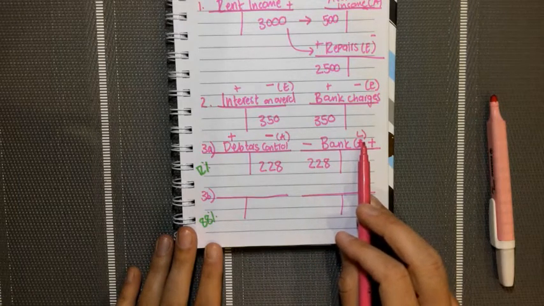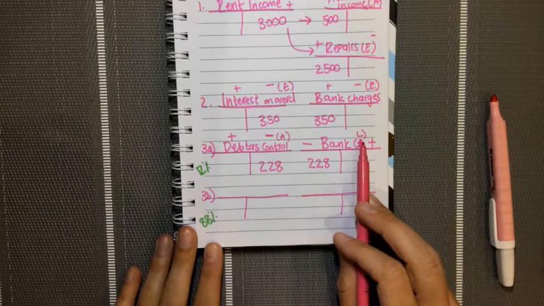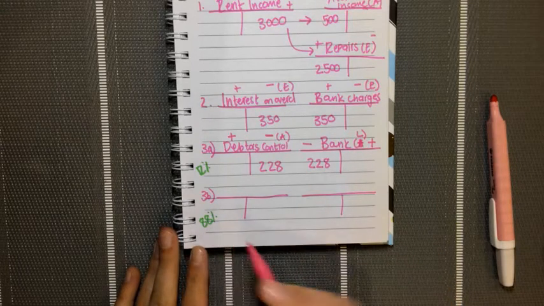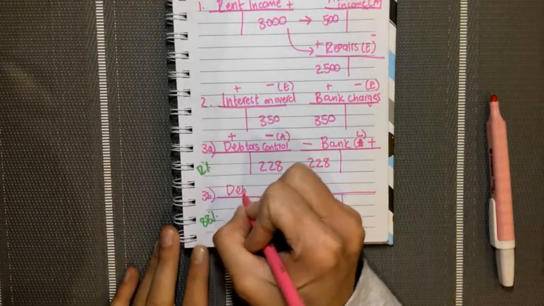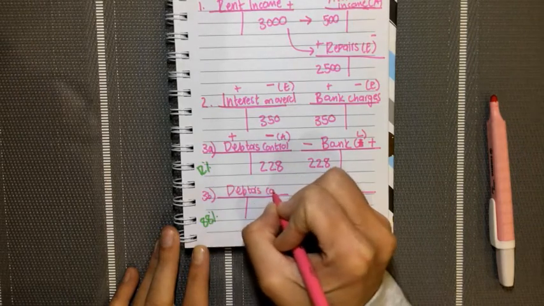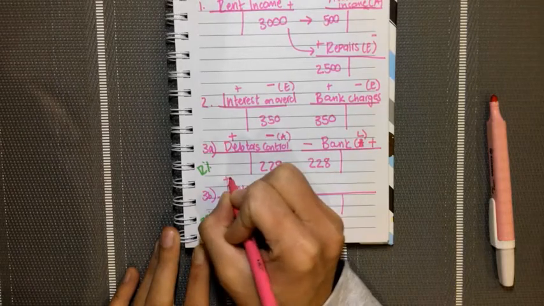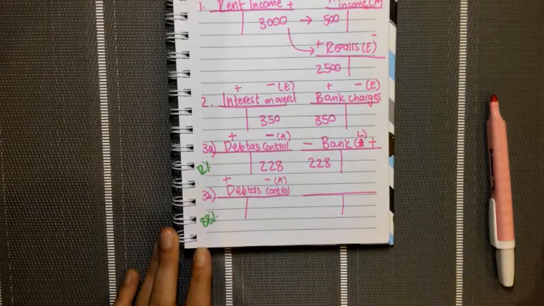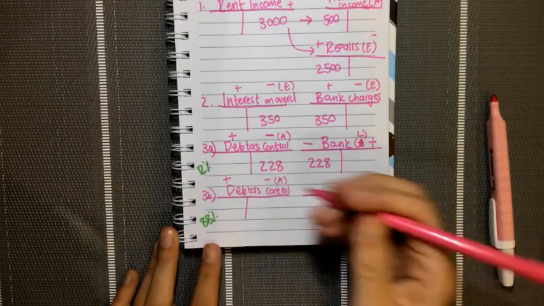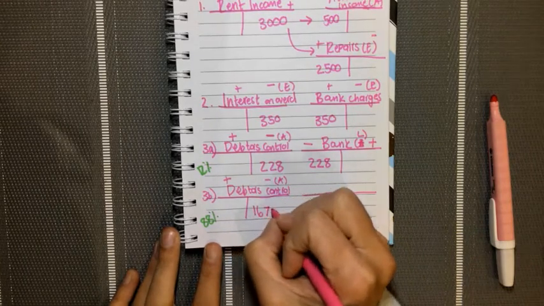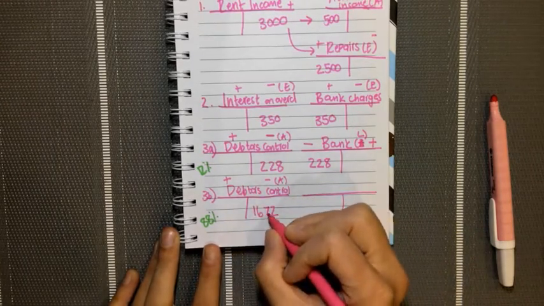Okay, then the part that we need to write off, the other 88%, will also go to the credit side of debtors control. We are writing this debtor off. We will never receive the money from him. Okay, so it's 1,672. How did I get that? I said 1,900 times 88%.